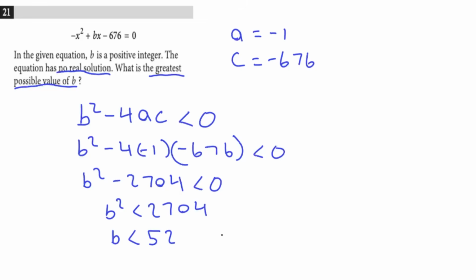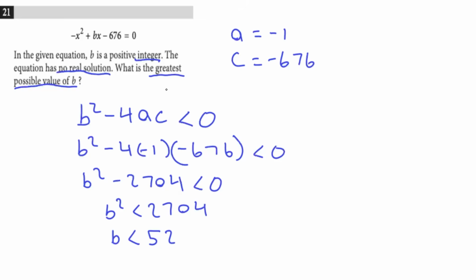So from here, you might be tempted to put 52 as your answer, but be very careful because the question asks what is the greatest possible value of b. Remember, if we put in a 52, that doesn't satisfy this inequality, because 52 is not less than 52, it's equal to it. So we're told that it's an integer, so be very careful with this wording.